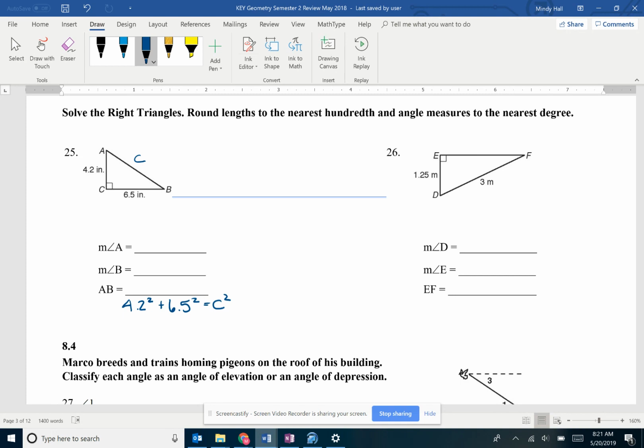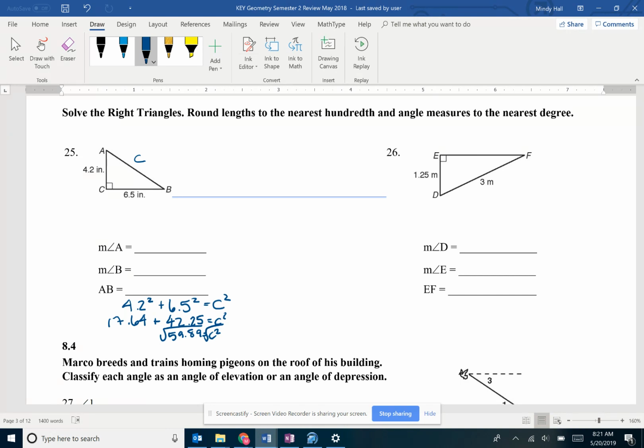So 4.2 squared is 17.64. 6.5 squared is 42.25. So then when we add those together, we get 59.89. And then square root of that.